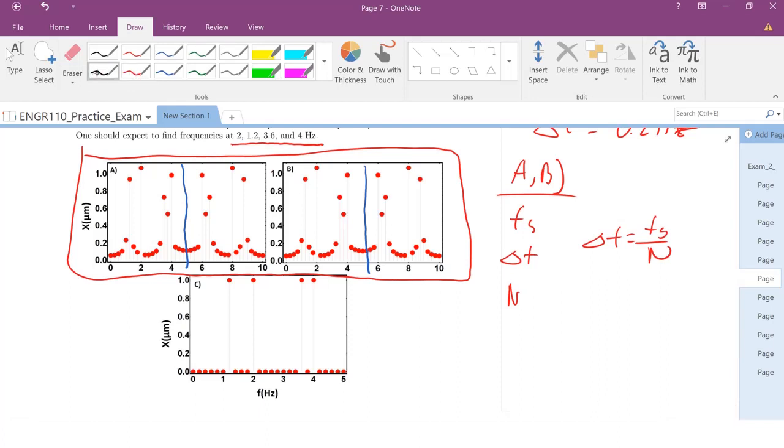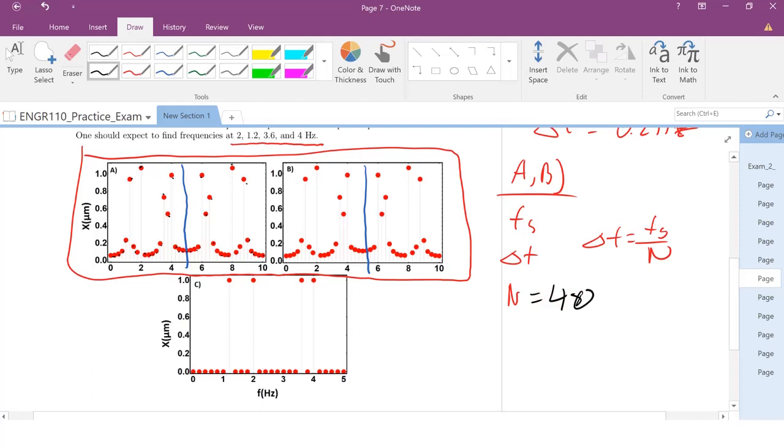If I count my number of points here, ignoring the first 0 point, 1, 2, 3, up to 40. My N is equal to 40.